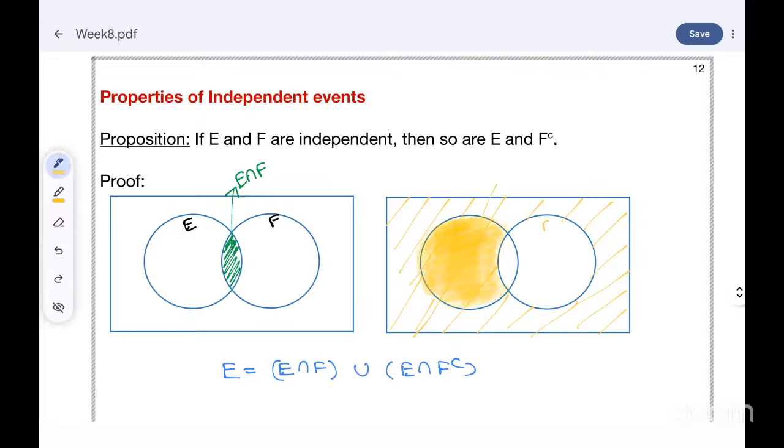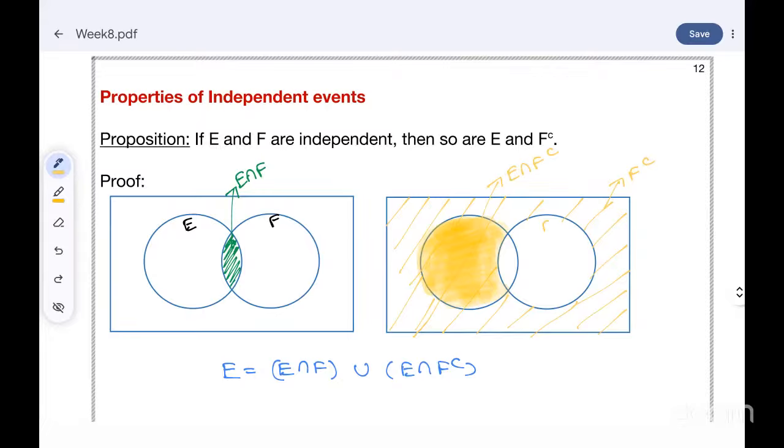So this is E intersection F complement, and this is just F complement. The sets E intersection F and E intersection F complement are clear for everyone from the Venn diagram, right? And now E is E intersection F union E intersection F complement.